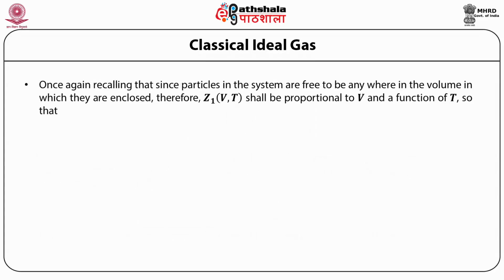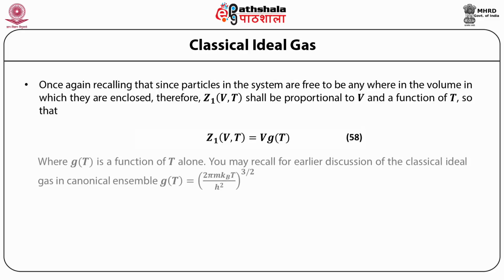Once again recalling that since particles in the system are free to be anywhere in the volume in which they are enclosed, Z_1(V, T) shall be proportional to V and a function of T, so that Z_1(V, T) is equal to V times a function of T, that is g(T), where g(T) is a function of T alone.